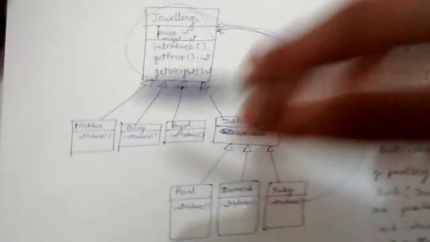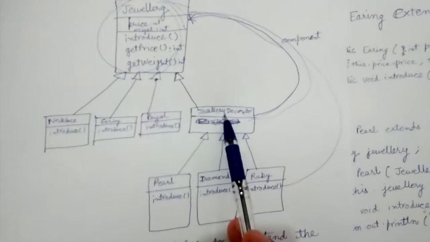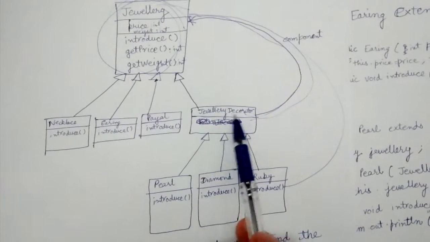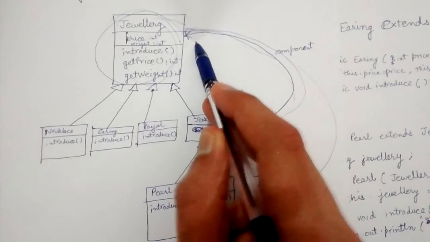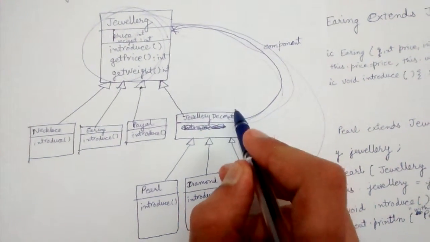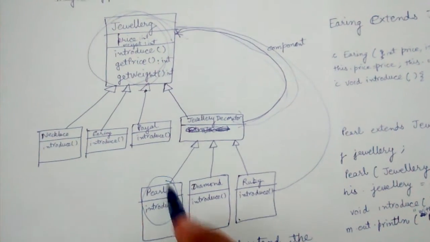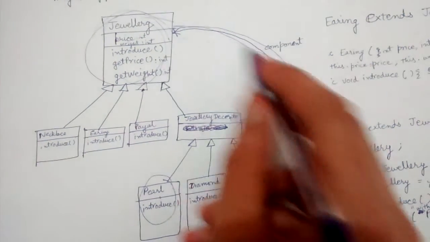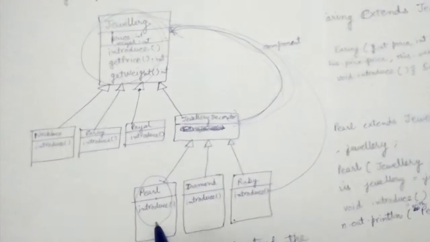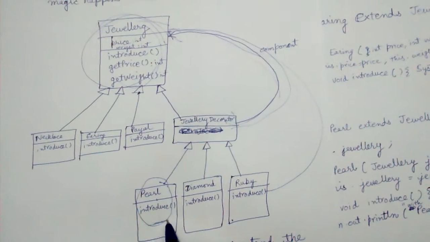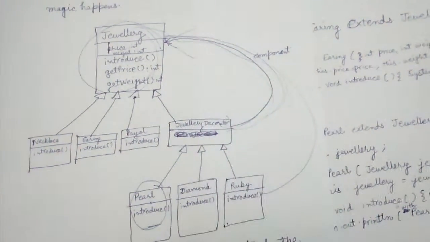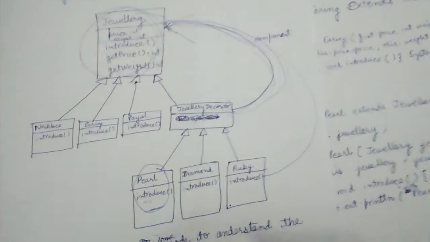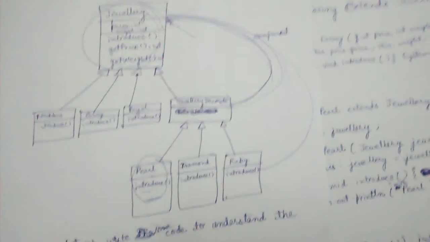I hope now this class diagram is crystal clear. This is Pearl. It is having a jewelry reference, a plain jewelry reference. So whenever you call any method on this Pearl, it is first calling the introduce method of the jewelry reference which it is having. So it is associated with that jewelry reference, and then it is calling its own introduction.